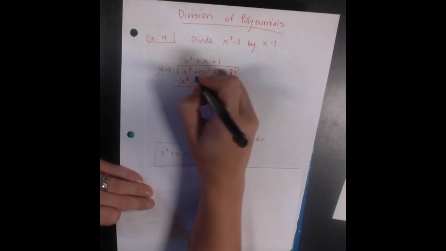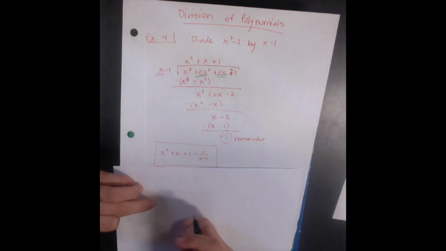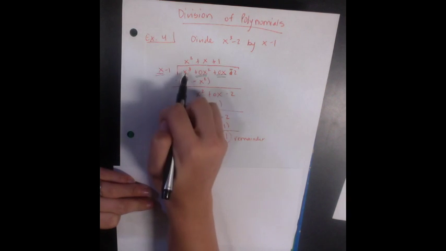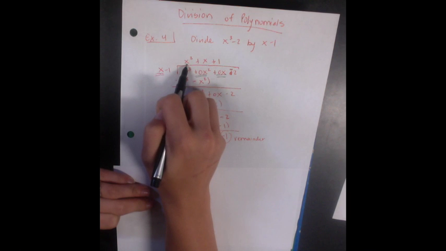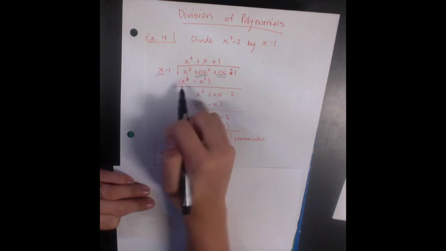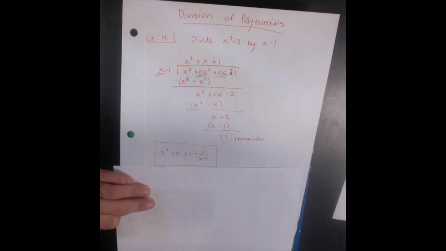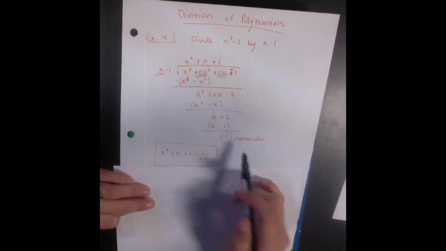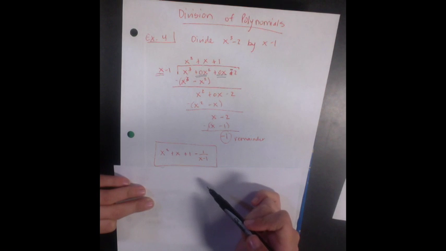The important thing is you have your placeholders. With x, it's the one I'm concerned about. How do I go from x to x cubed? Multiply by x squared. So multiply both terms by x squared gives me this. And I repeat the process again and again to get my remainder of negative 1.